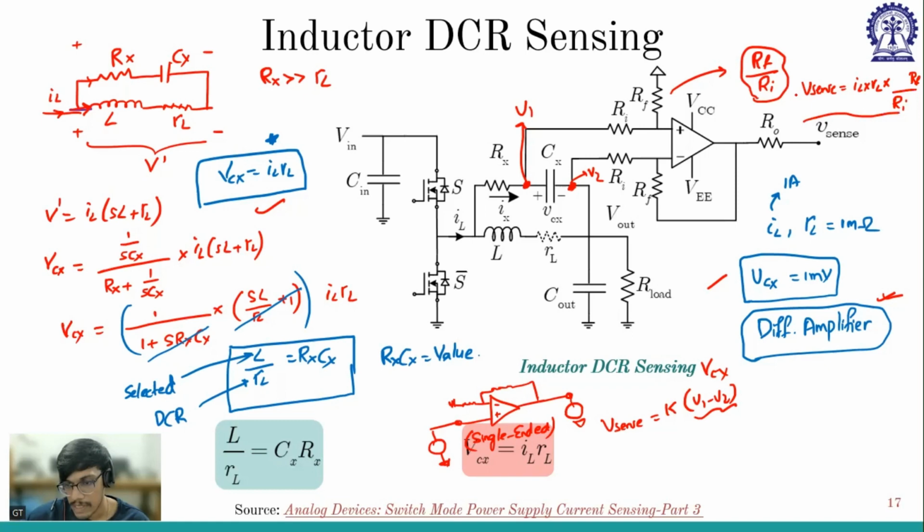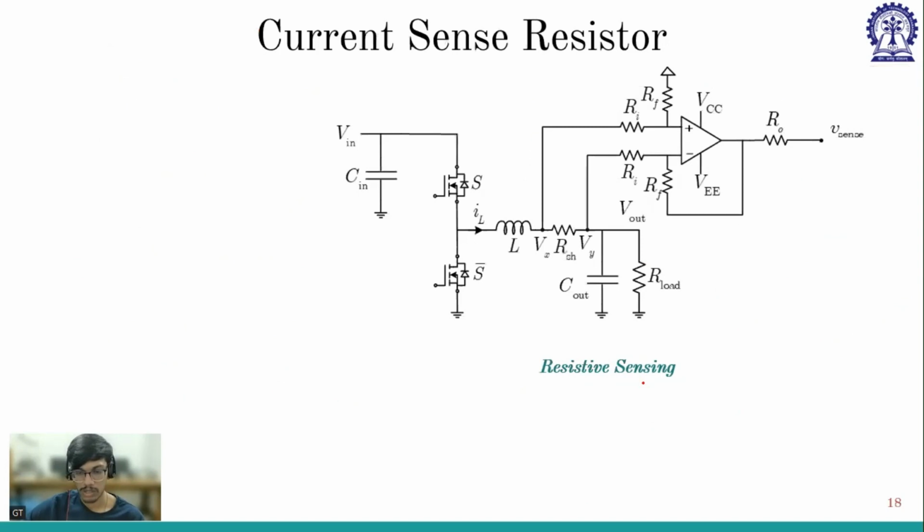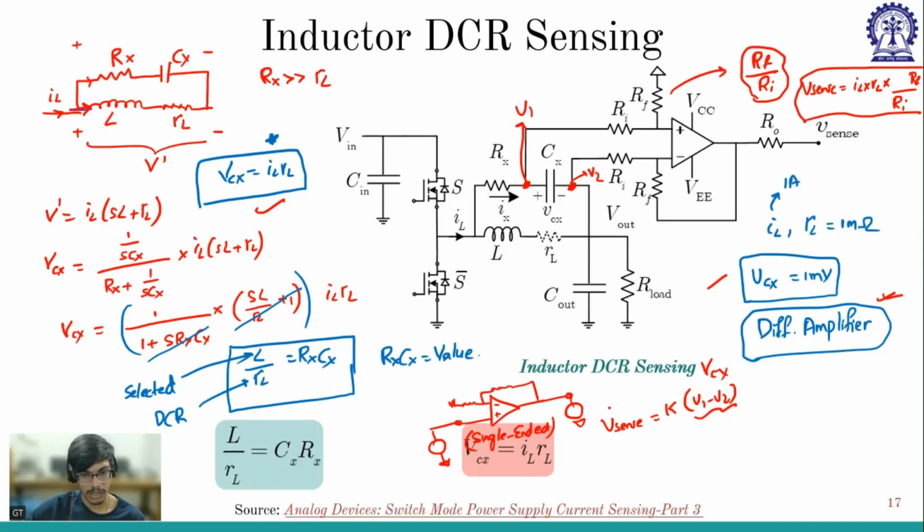So I am sensing using inductor DCR sensing, but then I have realized the gain is very less. So I am increasing the gain with RF by RA. So accordingly, I'll choose RF and RA. Say if I want gain 10, I'll choose maybe 10 kilo, 1 kilo, or 500 ohm, 5 kilo. So that is your choice, what resistors or what gain you want. So that is all about the inductor DCR sensing.